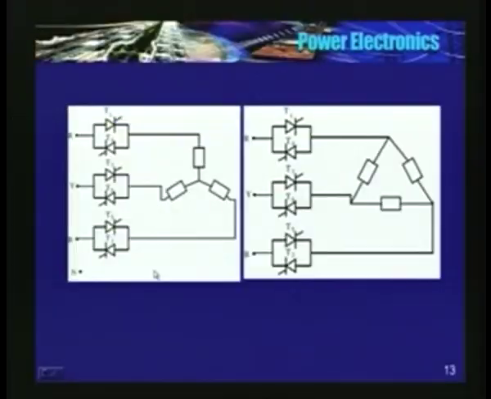Another 3 banks feeding a star connected load, isolated neutral. Okay. Now there are no triplet harmonics here, because if I apply KCL at this point, IA plus IB plus IC should be equal to 0.